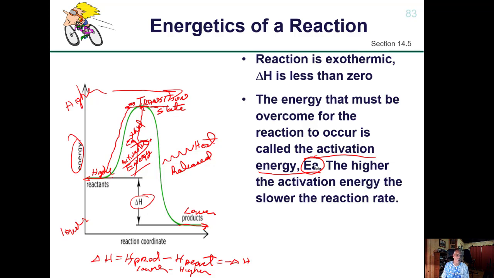Just like my trip from Denver to Dallas, if the mountain went even higher, it's going to take more energy to get to that higher transition state. So the bigger the activation energy, the larger that value, the slower the reaction. And we can simply depict that by this diagram.